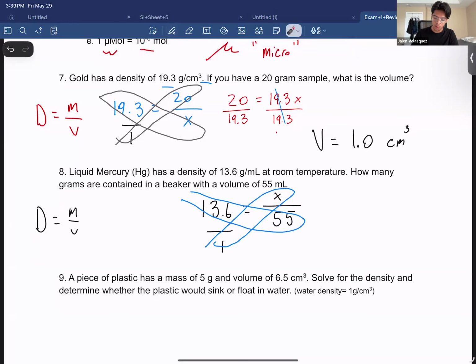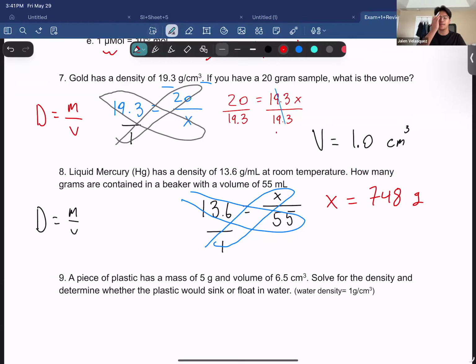Okay, so does anybody have any idea as to how I could do that? There's a useful tool that we use a lot in chemistry and the math that we do in chemistry. So this number 748, right? This is like how we see numbers every day, right?